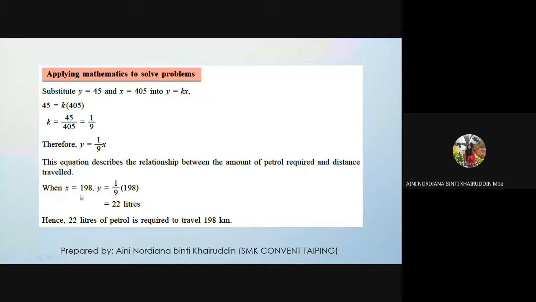So when X equals 198 kilometers, Y equals 22 liters. Hence, 22 liters of petrol is required to travel 198 kilometers. So this is step 3.